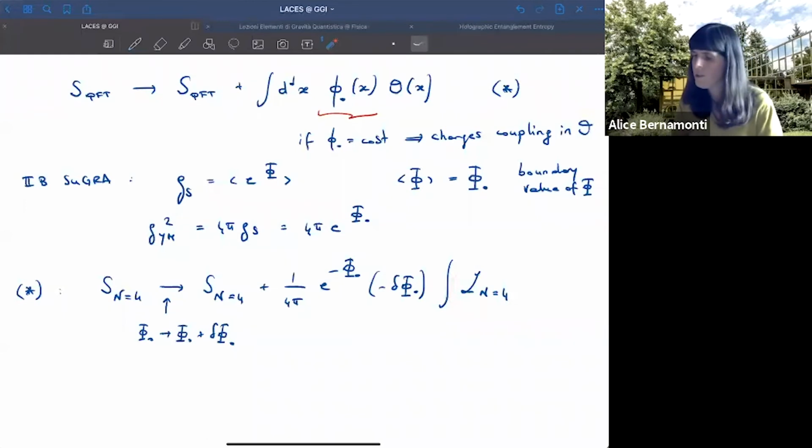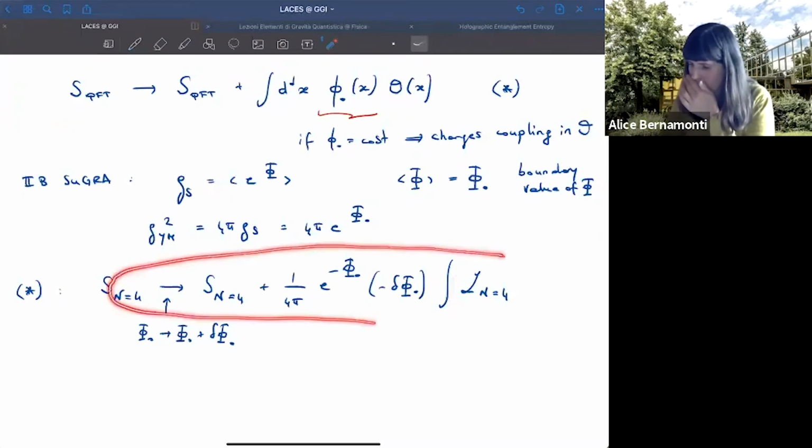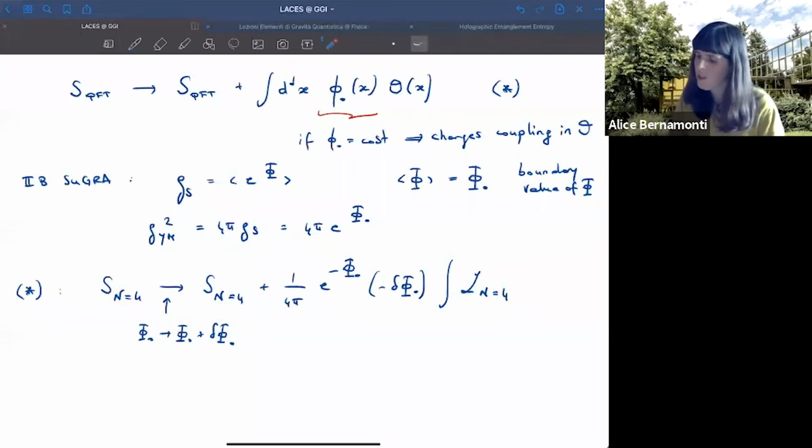As we saw, this can also be deduced by comparing the spectrum of the two theories and from symmetry considerations. Performing a deformation then corresponds to changing the asymptotic boundary value of the bulk field.